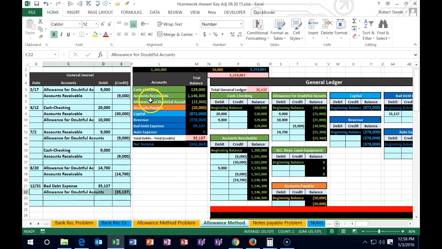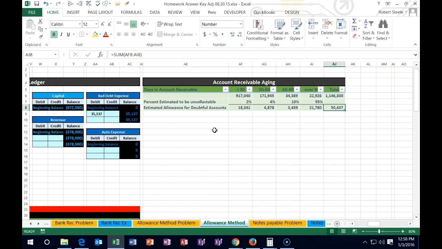The allowance is here on the trial balance, and here on the general ledger we are in cell T13, and we're going to select equals and then point to that 35,137. What's going to happen? This is a credit. It's going to go up in the credit direction from 15.3 to 50,437. That we can see here as well, and that ties out to our estimate here.